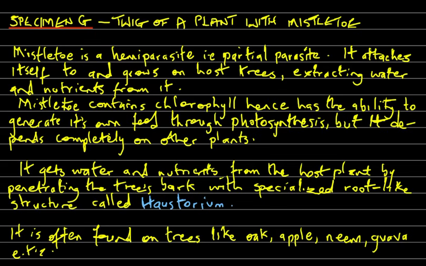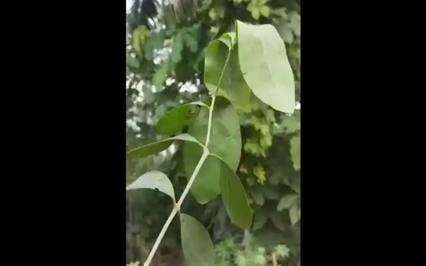It is often found on trees like oak. We have it on apple, neem, guava trees, etc. So those are examples of what the mistletoe on its host plant looks like. You can see here some pictures of what this particular plant looks like.